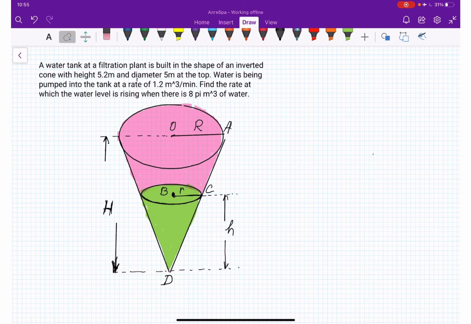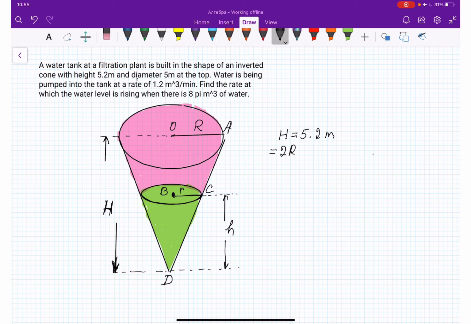Okay, we have here the height, which is uppercase H, equal 5.2 meters. And diameter is 5 meters. So we have here R, so I put 2R, which is diameter, right?